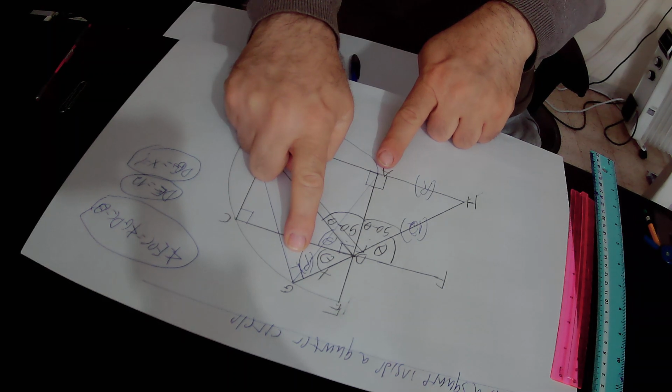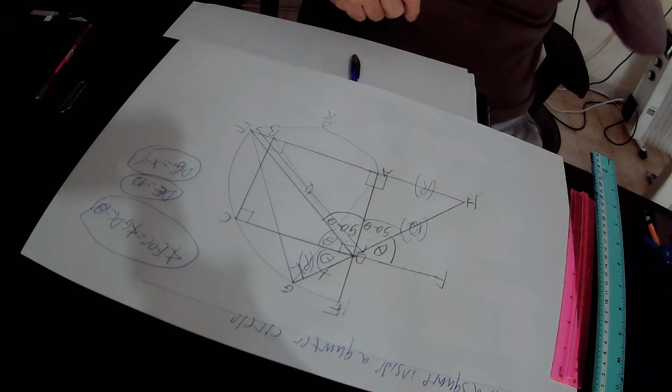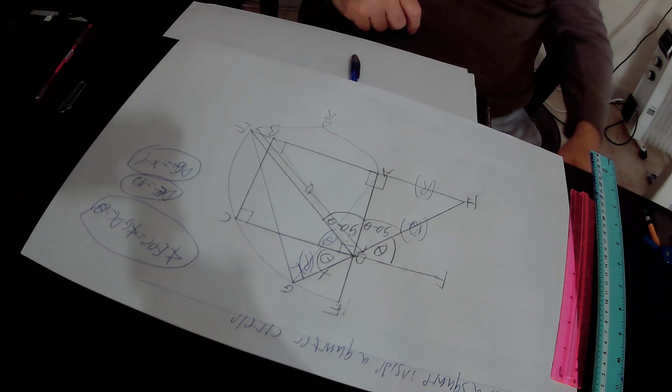Any quadrilateral that has two opposite angles whose sum is 180 degrees is cyclic. So this is a cyclic quadrilateral, and we have a rule.